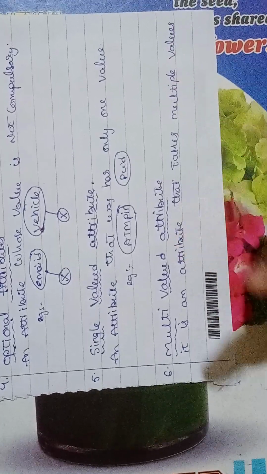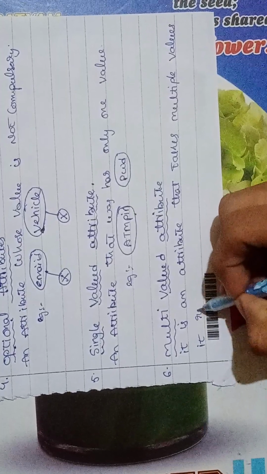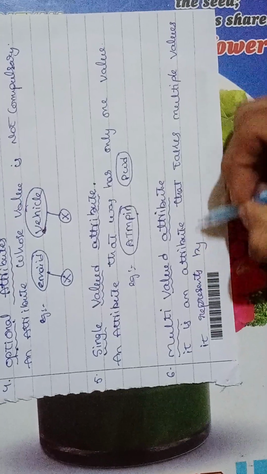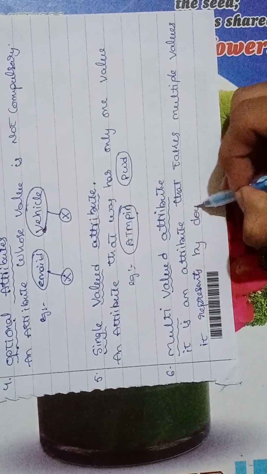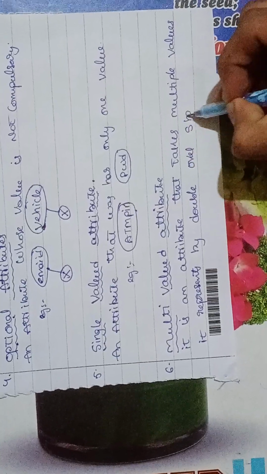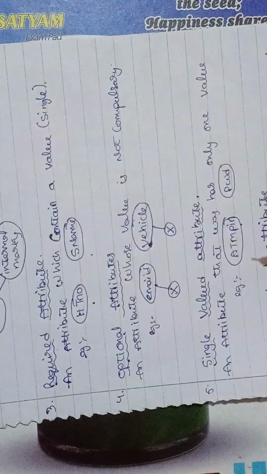It is represented by a double oval shape. Okay, this is a multi-valued attribute.